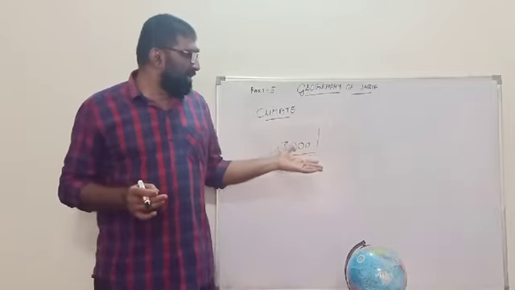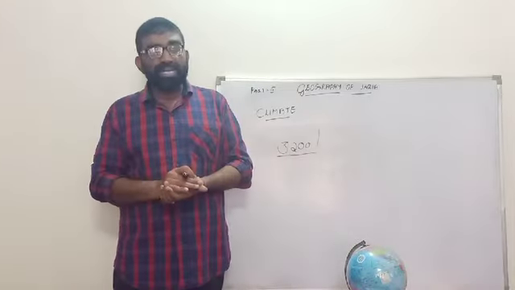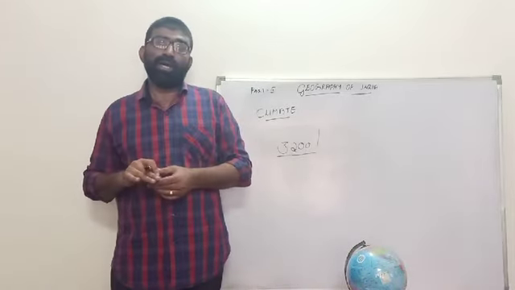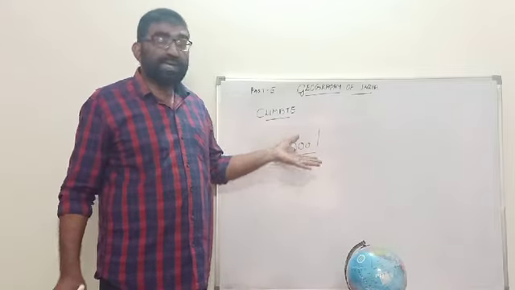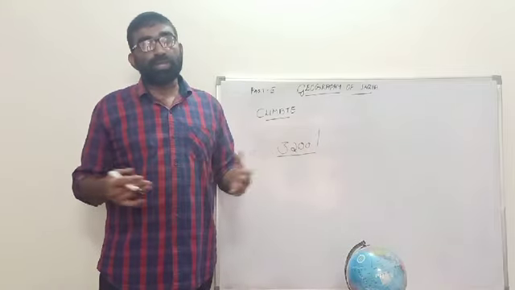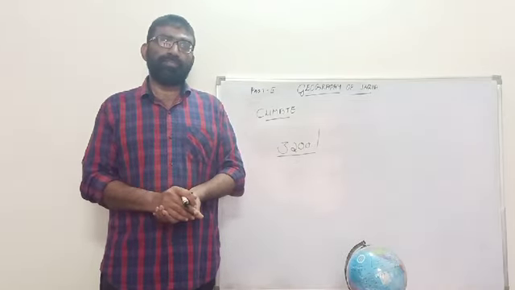So here we can see many differences in the distribution of temperature and in the distribution of rainfall. And the unifying factor in this climate is the monsoon rain. So the climate is known as a tropical monsoon type of climate.